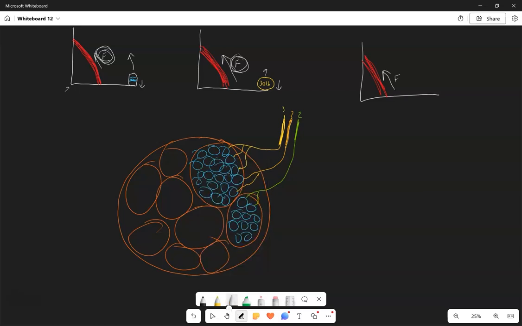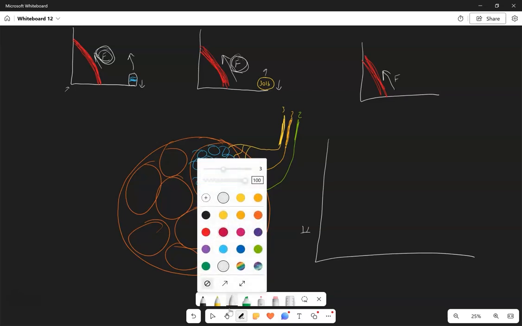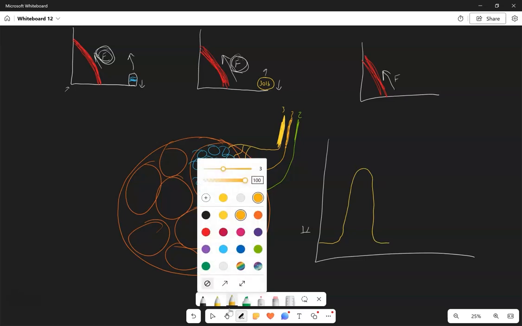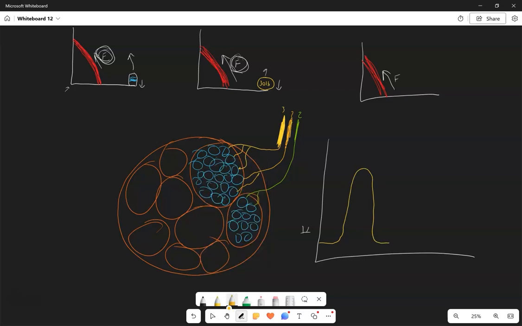So if I graph the amount of force by a muscle, what's going to happen if I activate this motor neuron over here? Well, resting force is 0, and then I get, let's say, that amount of force. Then what if I do this motor neuron here?